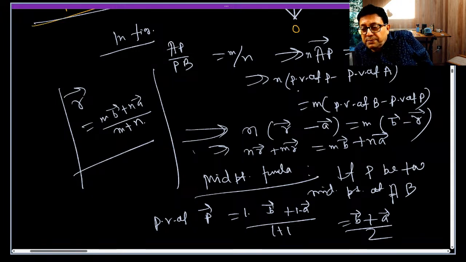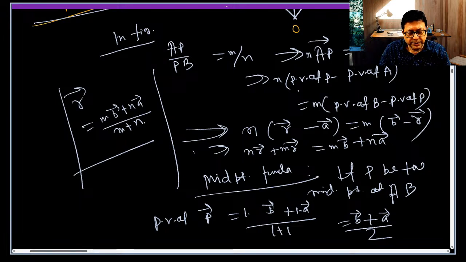That is A plus B by 2. Clear? This way, section formula of vectors can be decided. So this is the elementary part of vector. Under what condition? Vector parallel, vector perpendicular. No, perpendicular we learn in dot product.